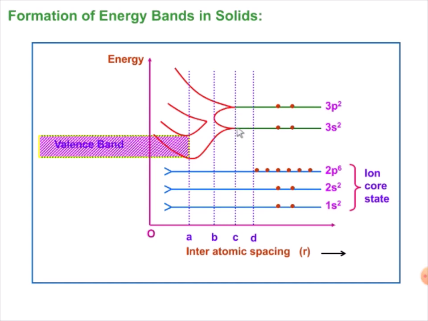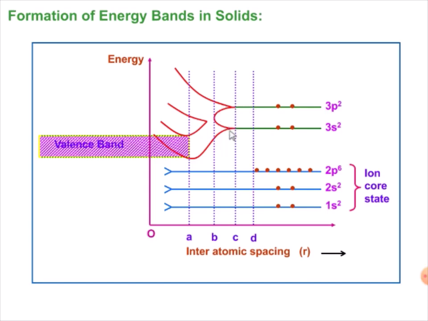Instead of a single 3s and 3p level, we get a large number of closely packed levels: 2n levels corresponding to a single 3s level, and 6n levels corresponding to a single 3p level of an isolated atom. Got it?